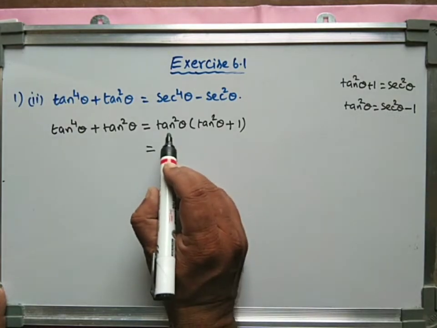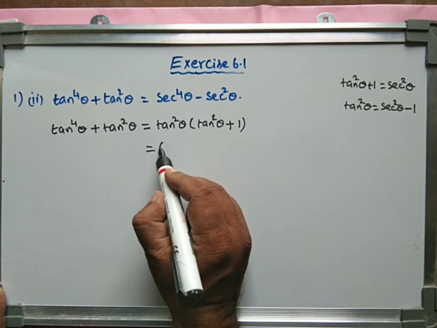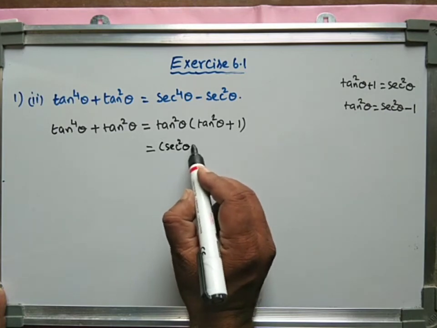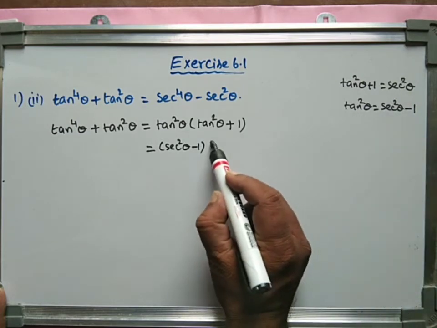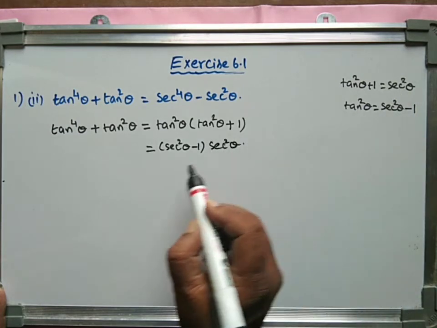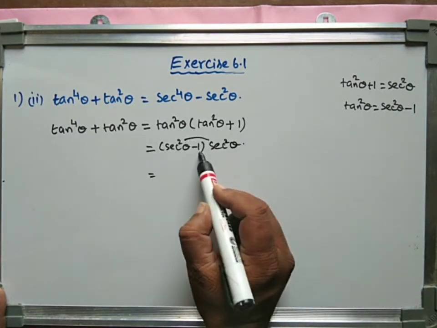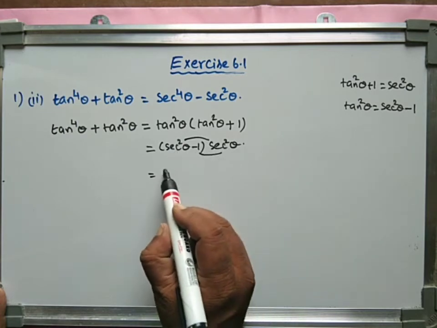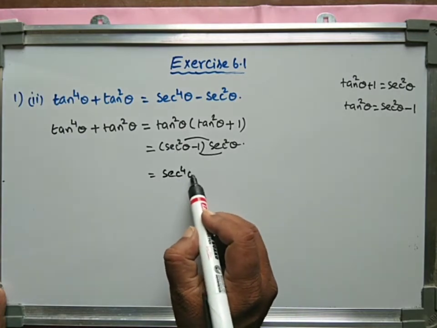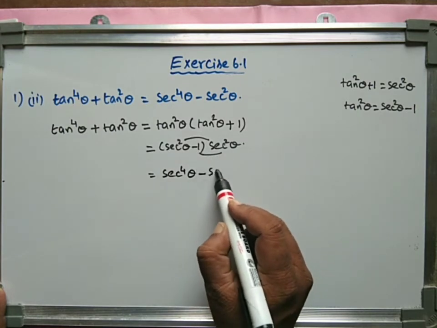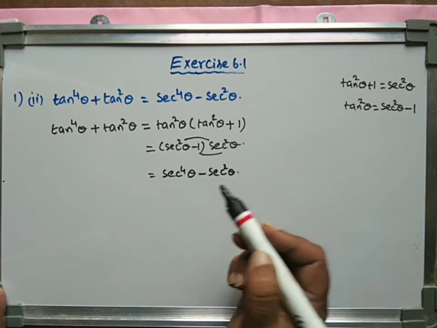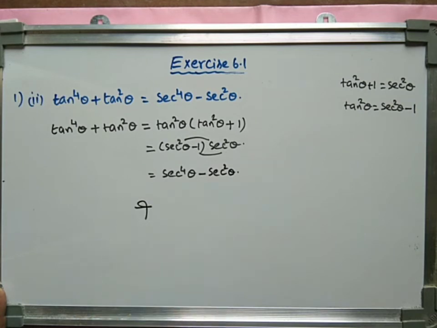Now here tan square theta can be written as secant square theta minus 1 and tan square theta plus 1 equals secant square theta. Now you multiply. Secant square theta into secant square theta gives you secant power 4 theta, minus 1 into secant square theta gives you secant square theta and this is how the problem is solved.